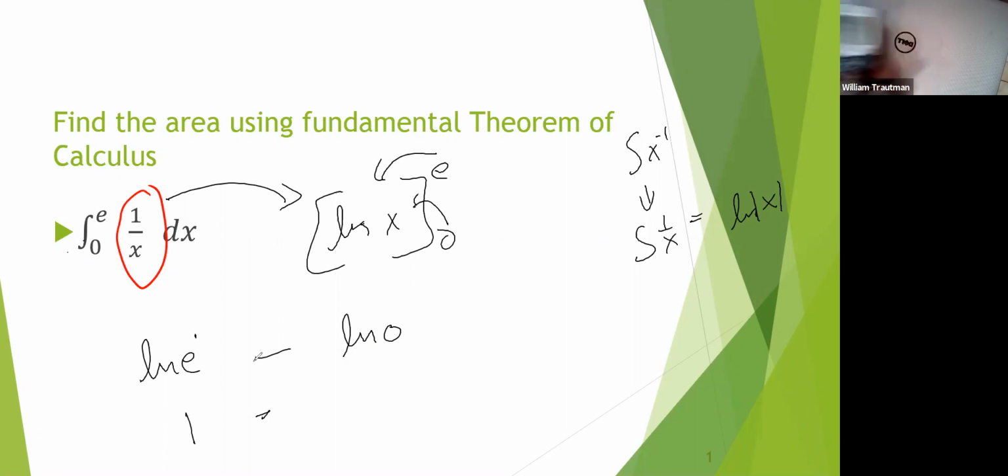And try the natural log of 0 on your calculator. Anybody know what that equals before typing it in? You can't take the natural log of 0, so it says error, you see. So it's just 1 minus an error, or I think we can just say 1 minus 0. So the answer is 1.